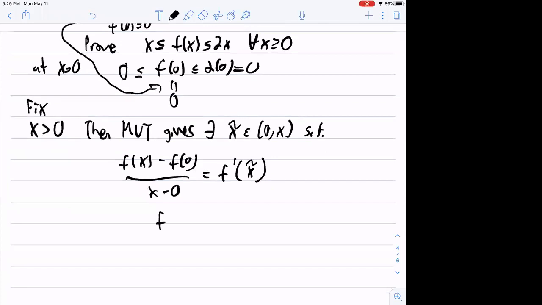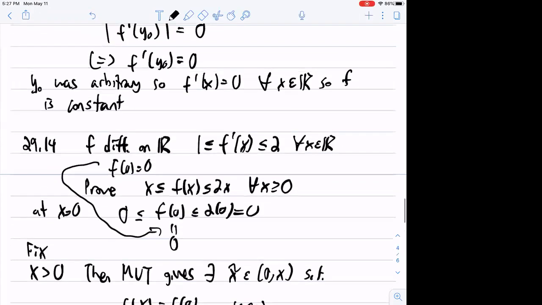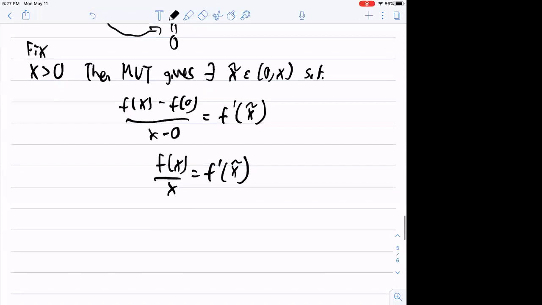But f of 0 is 0, so you just get this. And then you're done, because what is my derivative bounded by? It's bounded by 1 and 2. So this is bounded by 2, this is bounded by 1. And then you multiply by x, right? Hopefully it's not that hard.